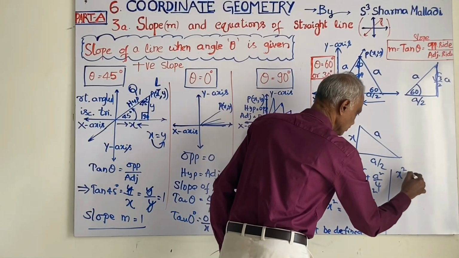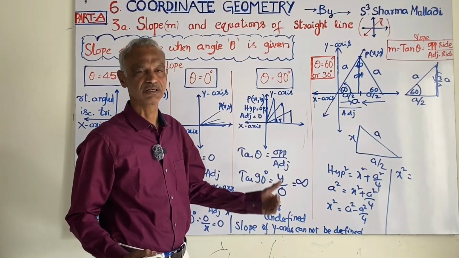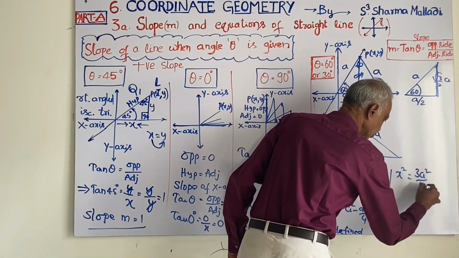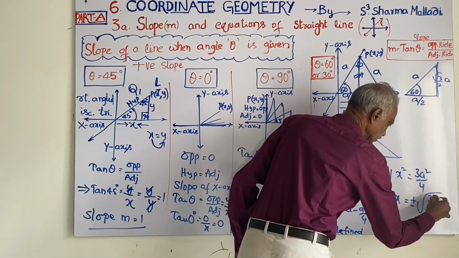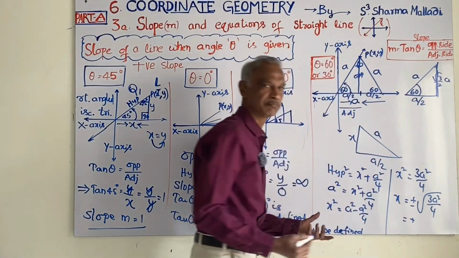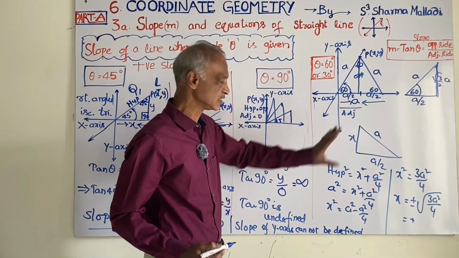x square is equal to, if you take the LCM, 4a square minus a square by 4, you will get 3a square by 4. So x is plus or minus root of 3a square by 4. You have to take plus because this is a distance. x, the opposite side, is a distance.